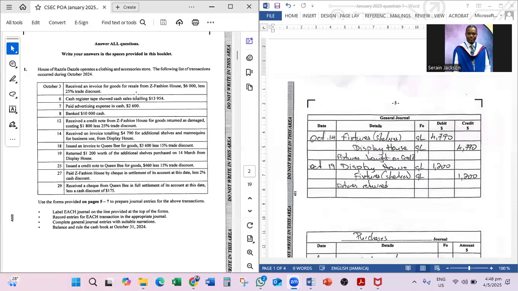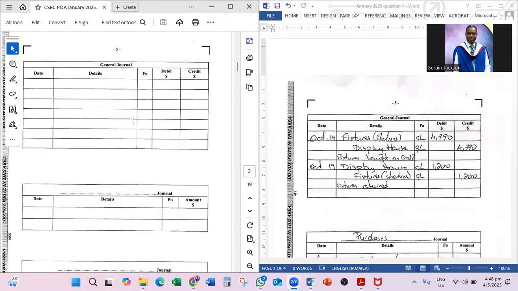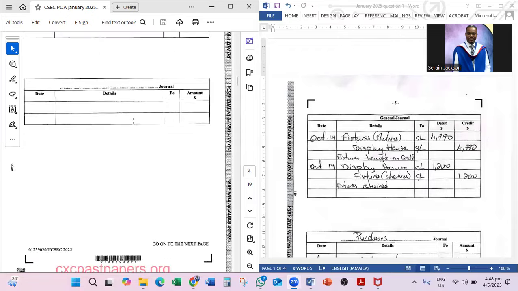House of Razzle Dazzle operates a clothing and accessory store. Following is a list of transactions that occurred during October 2024. So we are given a list of transactions here, and we are asked to use the forms that they provide. These are the forms that they provide. So this is how it looks.